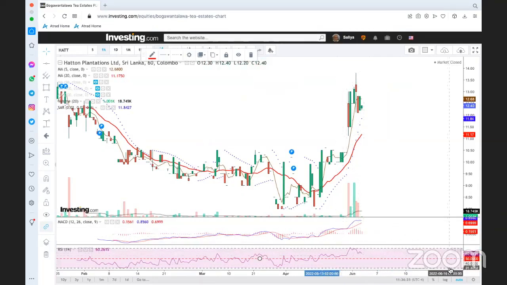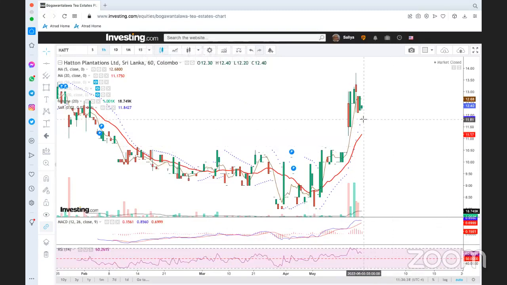RSI is above the 50 points, that is also bullish. PSAR is below the price line, that's also bullish. But the only issue is this high and this low in the hourly chart, which happened 2 days ago.